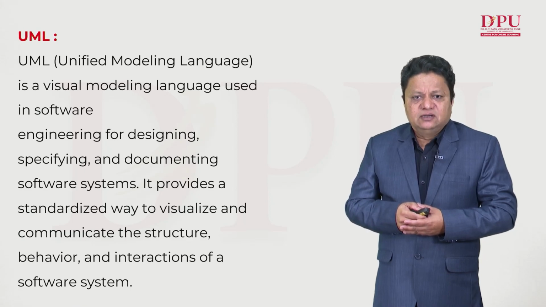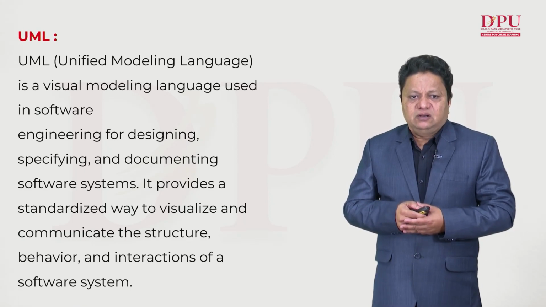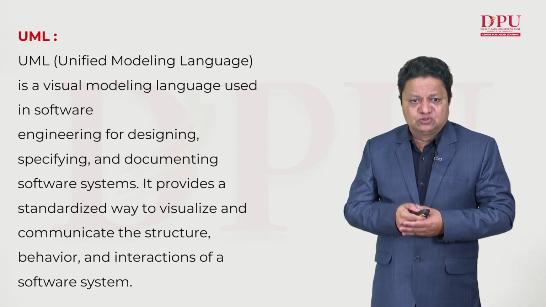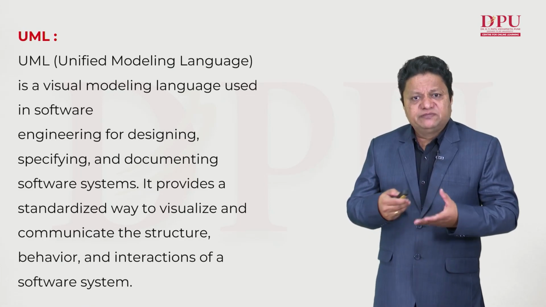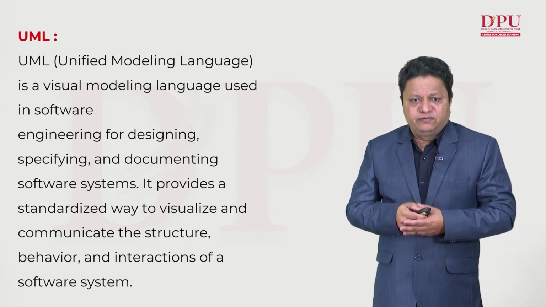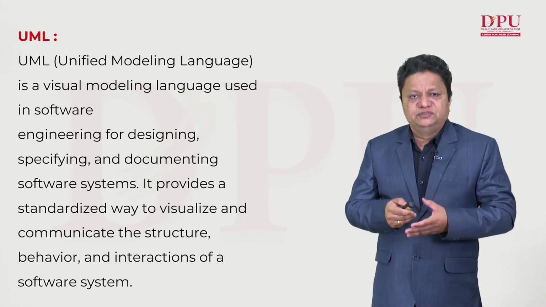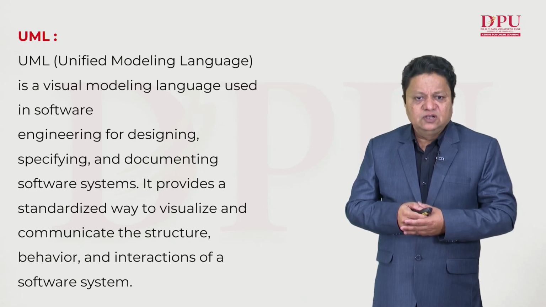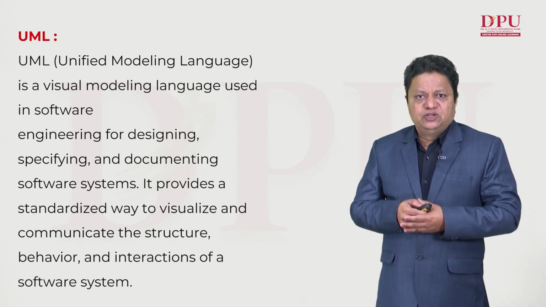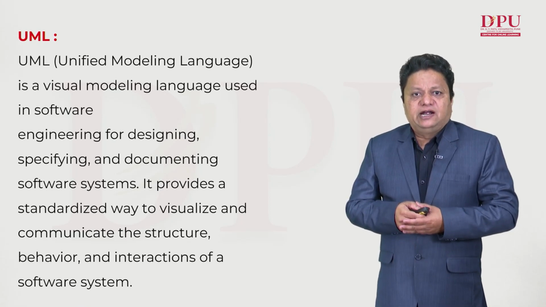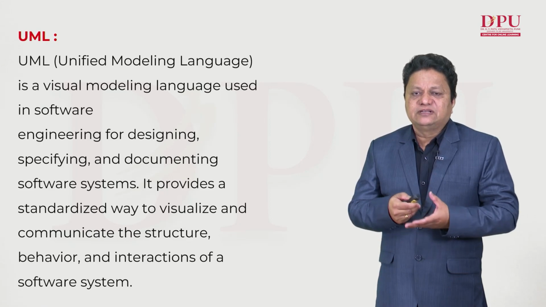So, for all these things UML is a tool which is used in software engineering, for designing your software, specifying the elements of your software and documenting your software system. These are the objectives of UML, which provides a standard way to visualize and communicate the structure, the behavior and the interactions of your software system.